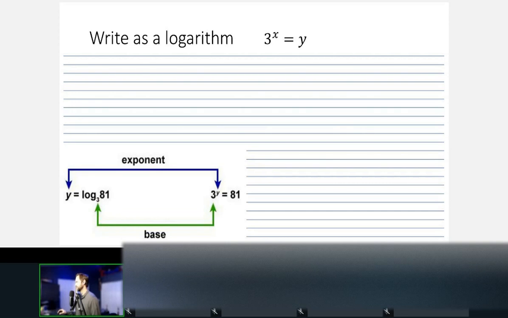So same thing, x equals log base 3 of y. Oh, different answer, sorry. Different than Brady's. I inverted, and I don't think I was supposed to.